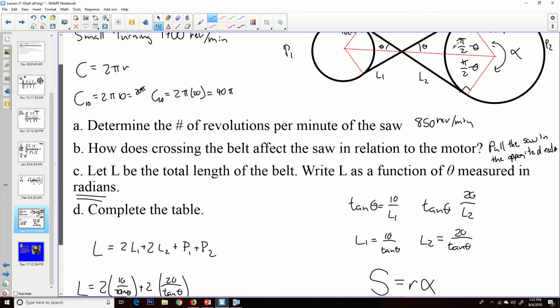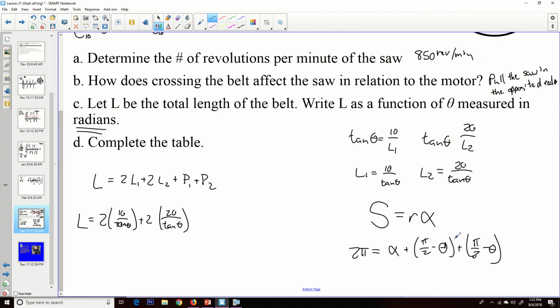And that's what this thing is going to be equal to. We get all the parts, this first part, pi over 2 minus theta, pi over 2 minus theta, plus alpha equals an entire circle, so we get that much. So let's simplify that and solve for alpha if we can. I think we can do that.